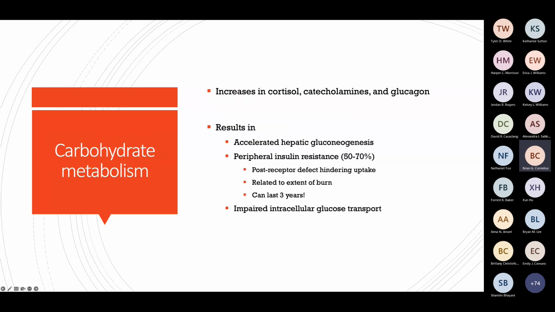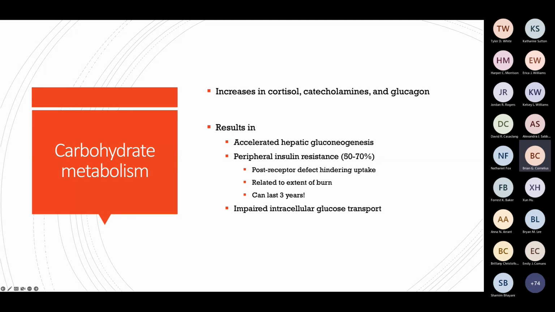So from a carbohydrate standpoint, what you'll see is that they have increases in cortisol, circulating catecholamines, and glucagon. So think about all those things elevating your blood sugar. So it's not uncommon for these patients to wind up on insulin drips to try and maintain that. You will also see that they've got an accelerated hepatic gluconeogenesis, which contributes to the peripheral insulin resistance.